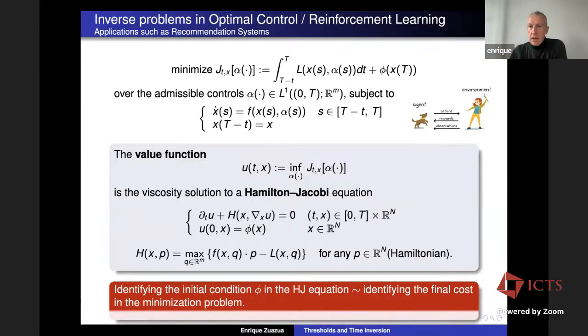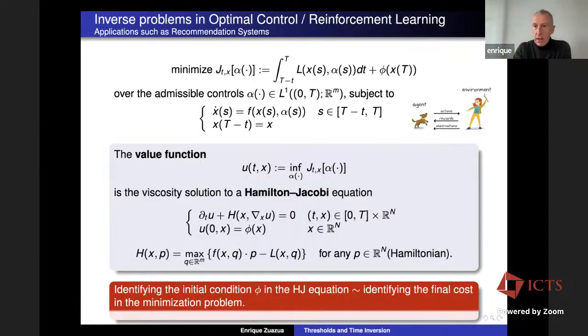Okay. So then in a very simple example, when you have an optimal control problem like on the top, when you don't know what the final cost is, if you try to solve the inverse problem of identifying the final cost out of the control strategies and the optimal dynamics, then you are in the context of reinforcement learning, where you need to learn in particular what the cost functional is.